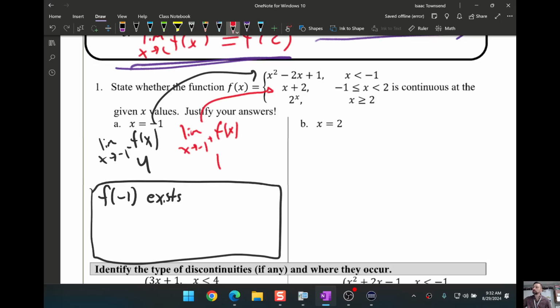Let me double check this one. I was thinking that it's not. 1, okay, well that's fine. So, do you see that the limit doesn't exist now?